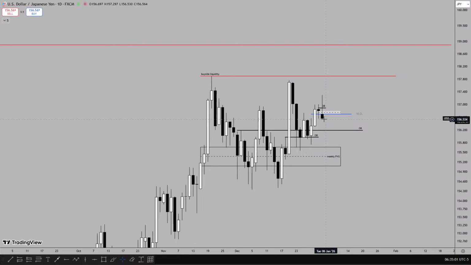Now, this bias is correlated with the dollar index. For the dollar index to trade higher, we want to see USD JPY trade higher at the same time, and the structure is aligned with that idea.